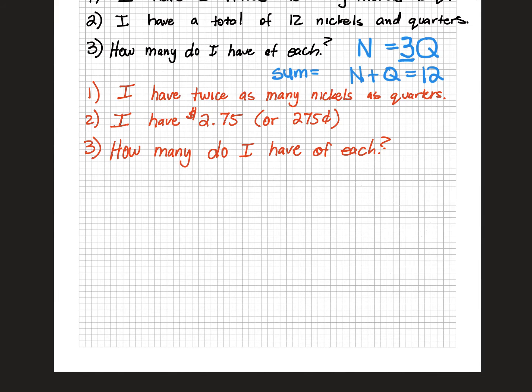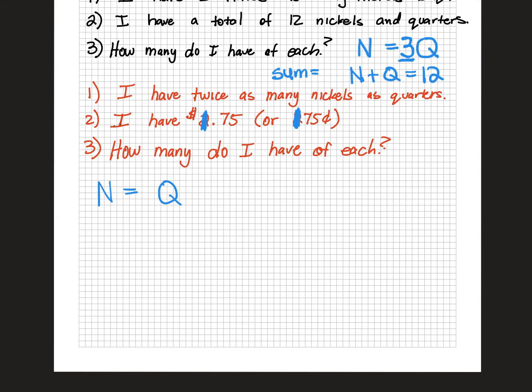Problem number 2, I messed up. I was supposed to put $1.75, not $2.75, 175 cents, or $1.75. But here we go. All right. This one says I have twice as many nickels as quarters. This one is doing the same thing, where it's doing a comparison between nickels and quarters. But it didn't say nickels and quarters were the same amount.